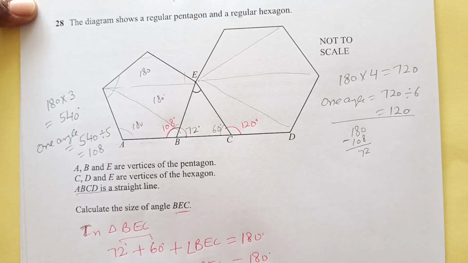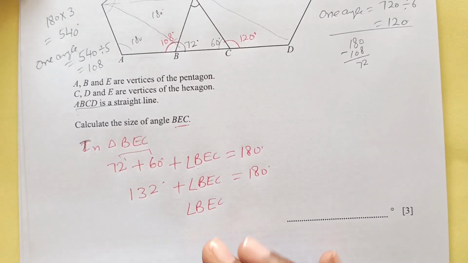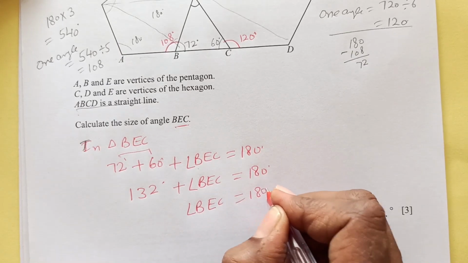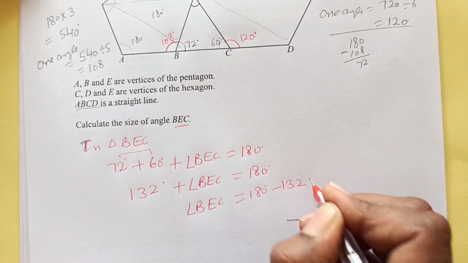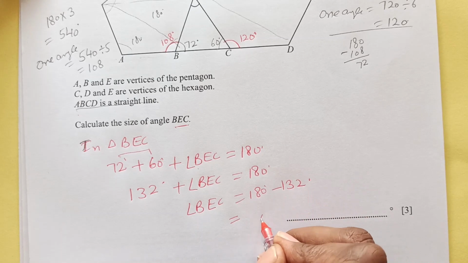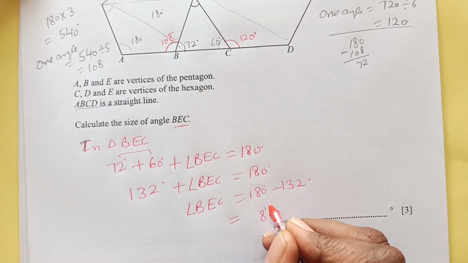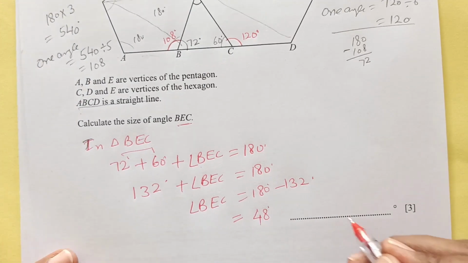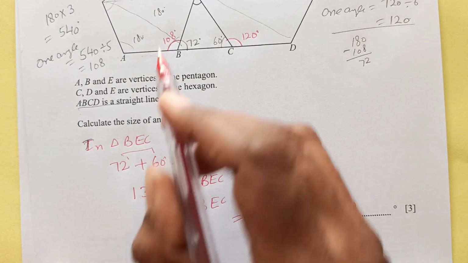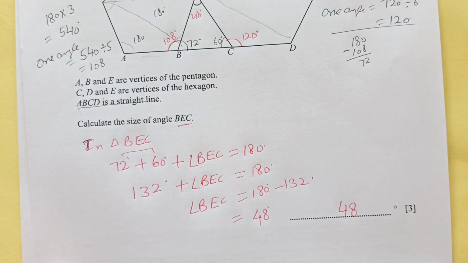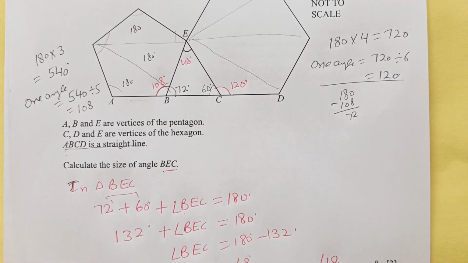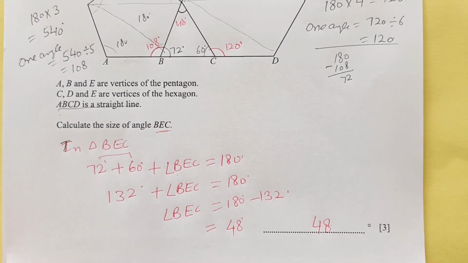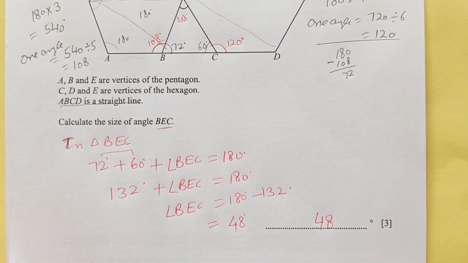So angle BEC is 180 minus 132, which is 48. So our answer is 48 degrees. So this angle is going to be 48 degrees, right? This is a bit tricky question, but if you know the concept, you can do it easily, right?